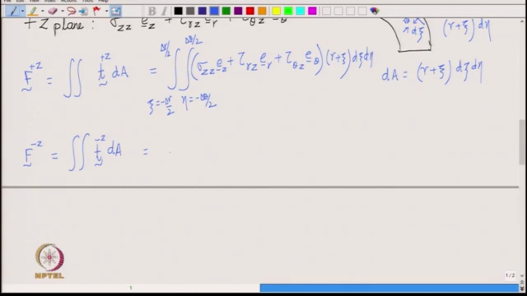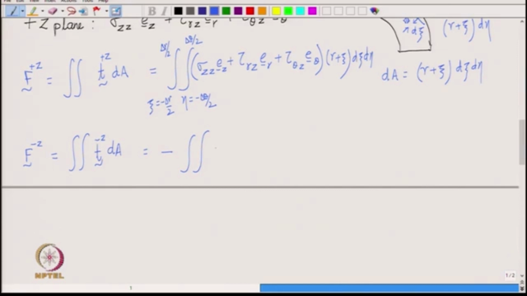So, we simply will have a minus sign outward, and we have the same integration, the integration domain is the same, the negative z plane and positive z plane, the area is the same, right. What is varying is the z coordinate, the z coordinate is z minus delta z by 2, whereas for the positive z plane the z coordinate is z plus delta z by 2, right, otherwise it is all the same.